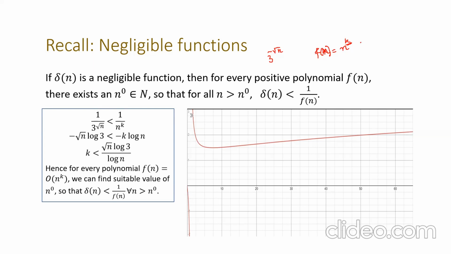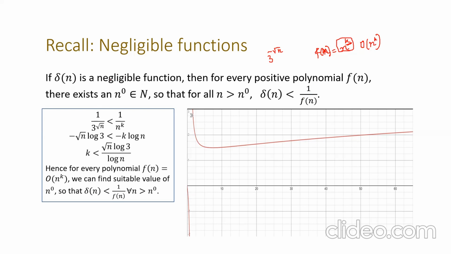Any k degree polynomial you can represent like this. This is a random positive polynomial function for some value k. Now I have to show that for this positive polynomial, I can find an n0, a natural number, such that the value of delta n is less than 1 by f n, that is, the inverse of this positive polynomial value.